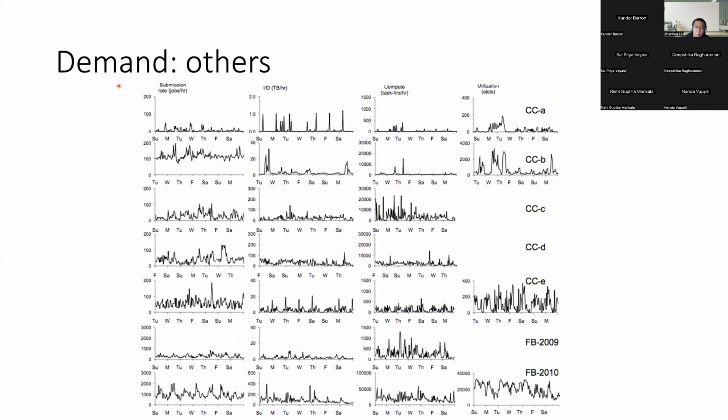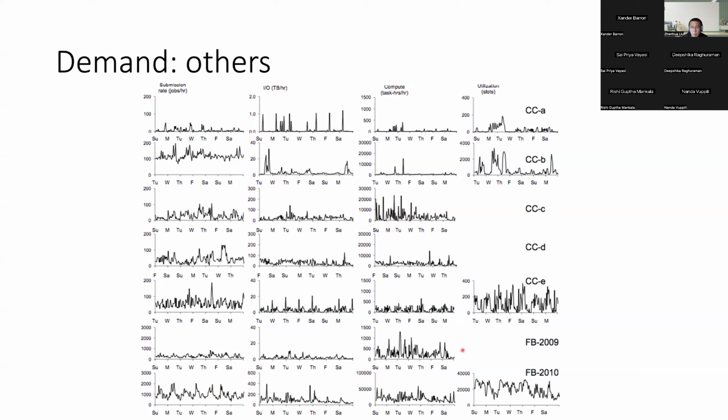Okay, this is what we discussed about the demand. It's a set of figures showing the demand. From here you can see the job submission. Some of them have a clear diurnal and weekly pattern, and some of them may not be that clear. But if you look at the I/O, it's much harder.